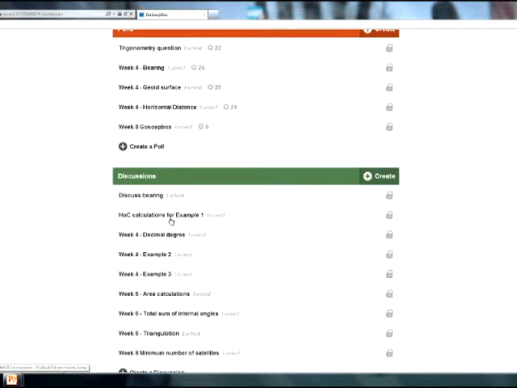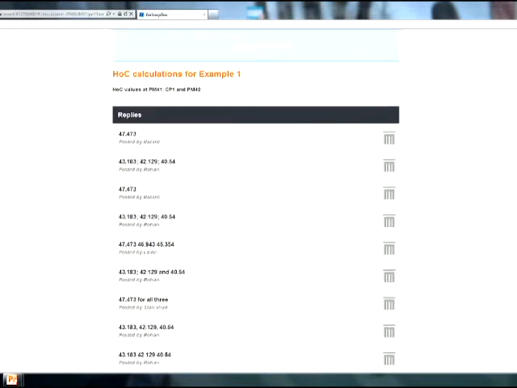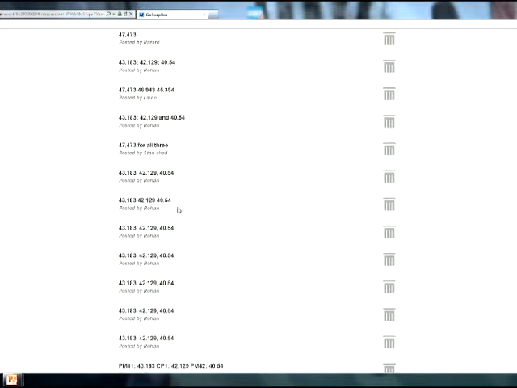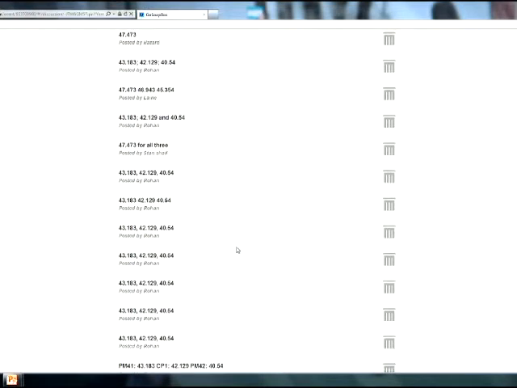So, for example, I got one here. The students have entered the answers. And I can easily, quickly look at those answers and see what their understanding is. I think in this case, most of the students did the calculations very well.